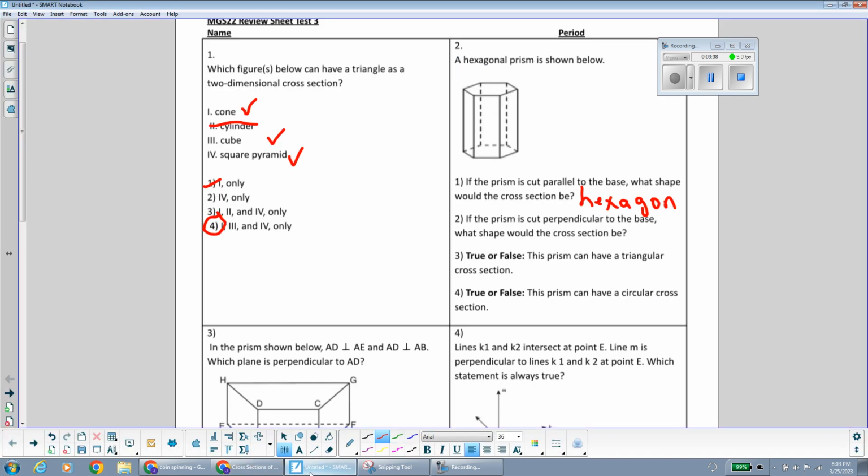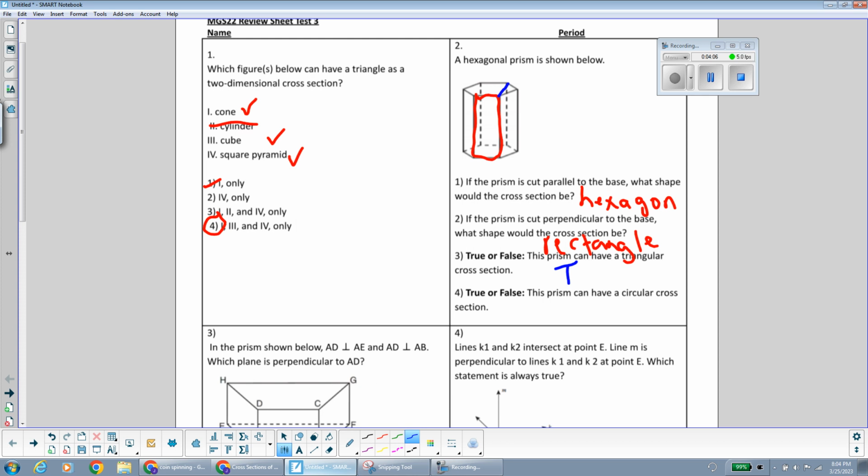So I'm going to put here rectangle, and it is the same shape as the faces if we're cutting perpendicular to the base, if we're cutting it vertically. True or false? This prism can have a triangular cross-section. That's true. Just like the cube, if I cut it at the corner with a plane, we can get a triangular 2D shape.